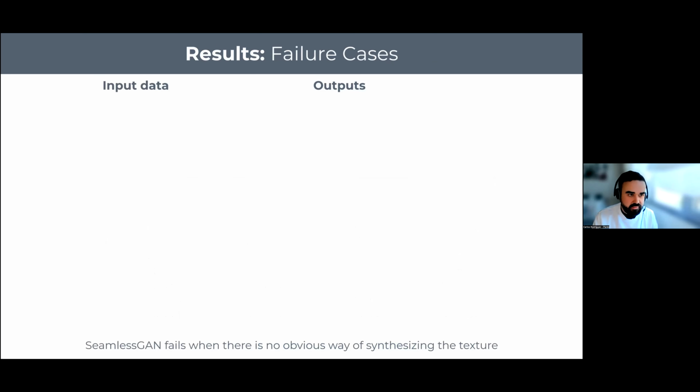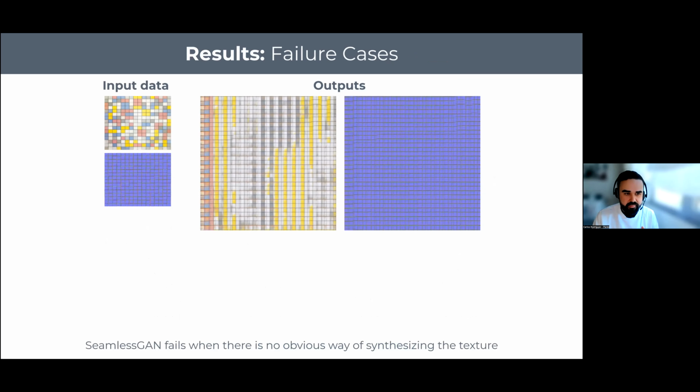SeamlessGAN is not perfect by any means. It sometimes produces not great looking results. So for example, in this case, it fails to generate a compelling base color map because it doesn't know how to synthesize the map. The normal map looks okay, but the base color does not.